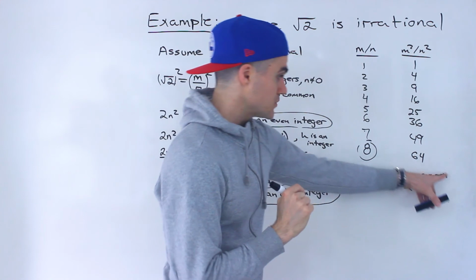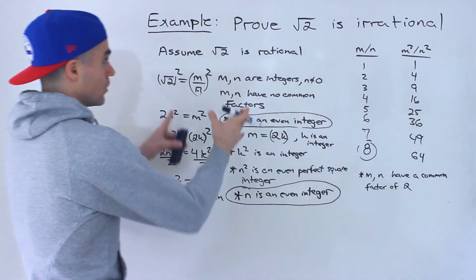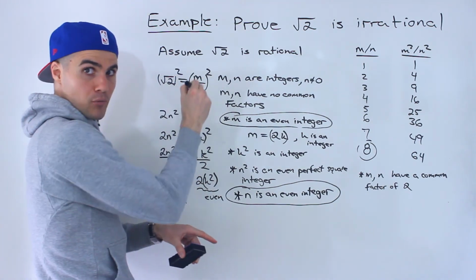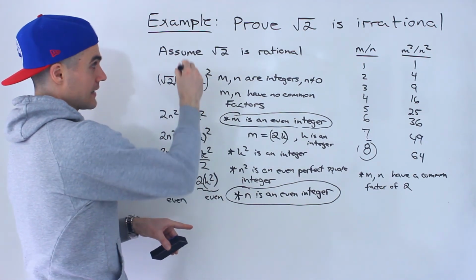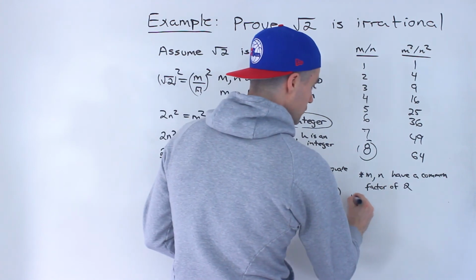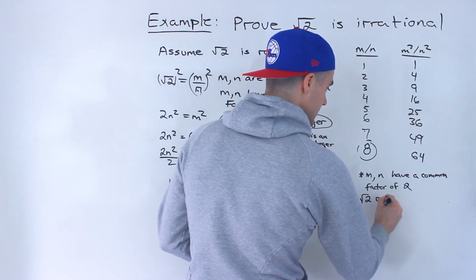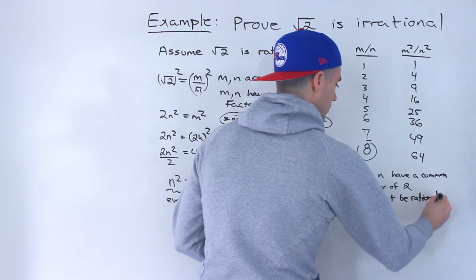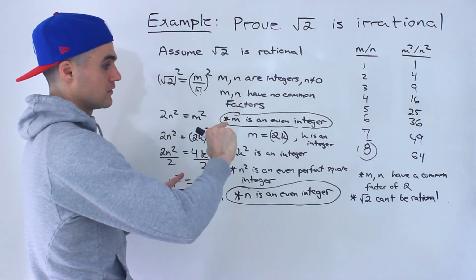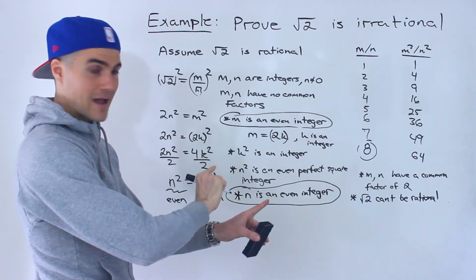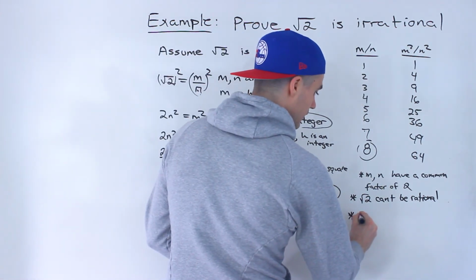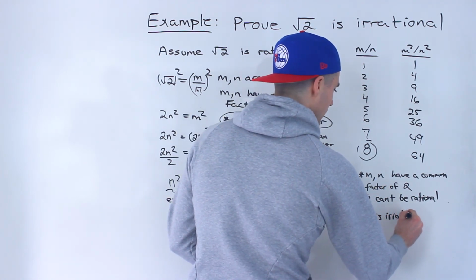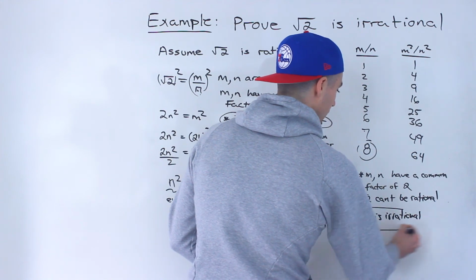And so because we just showed this, we also just showed that root 2 can't be written in that m over n format. And so we just showed that root 2 can't be rational. And if you remember at the beginning, root 2 is a real number, and so if it can't be rational, then that means the square root of 2 is irrational. And we're done the proof.